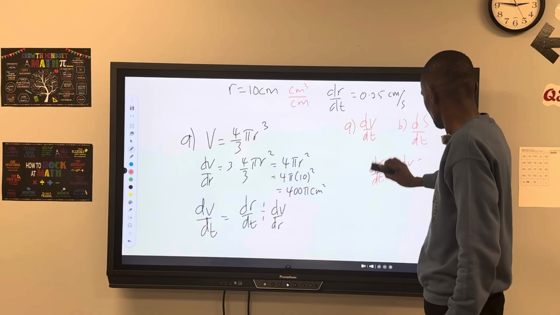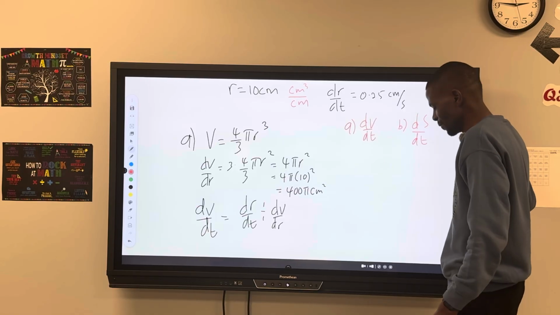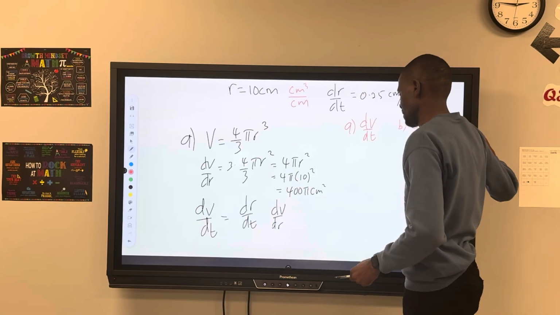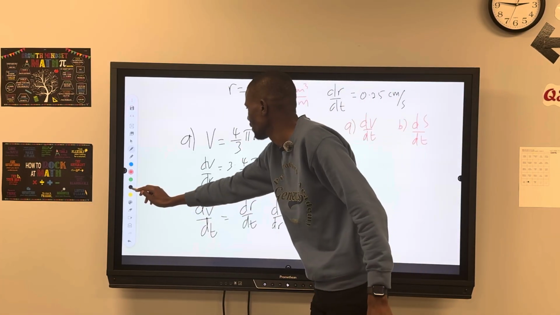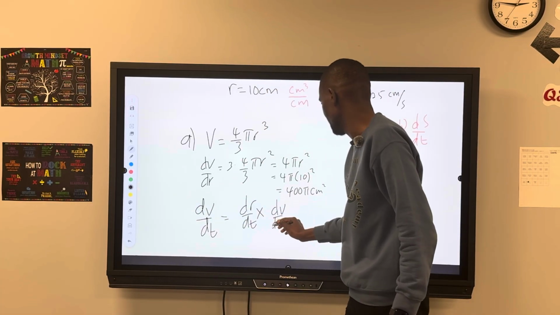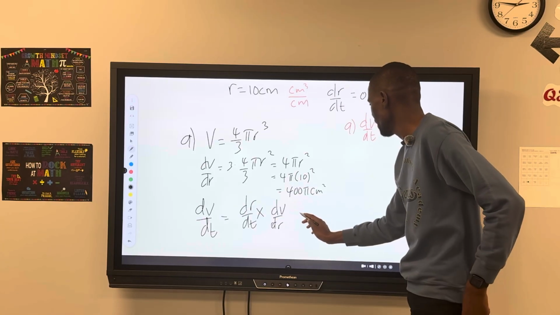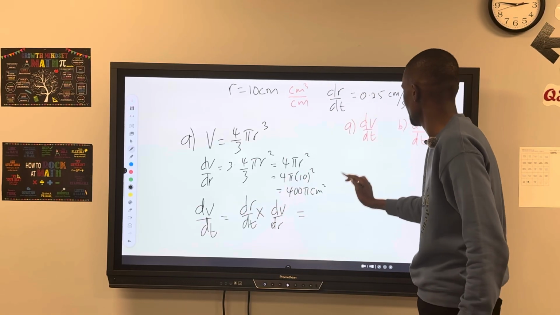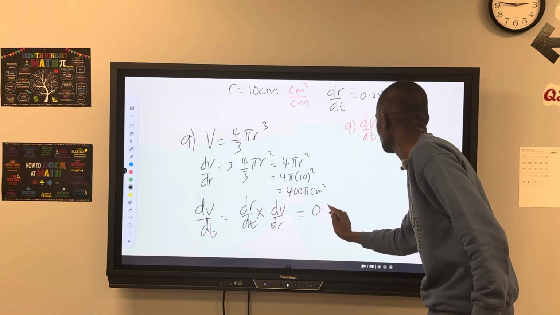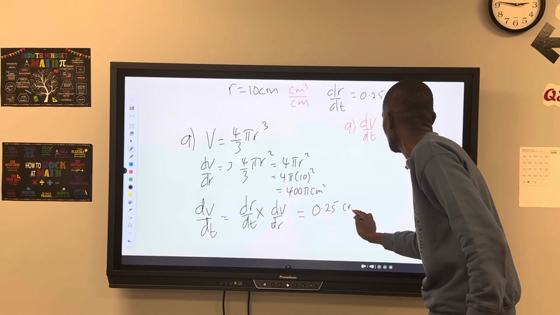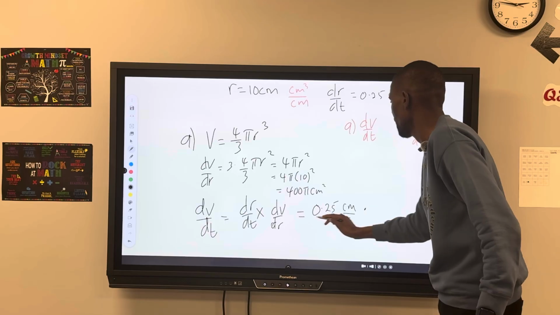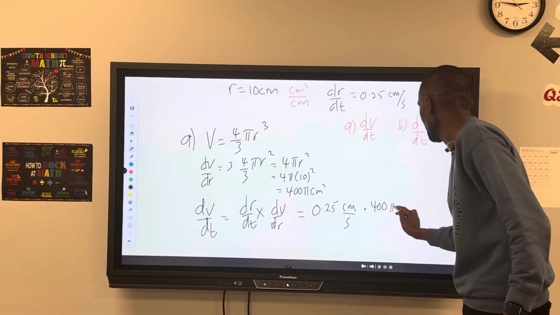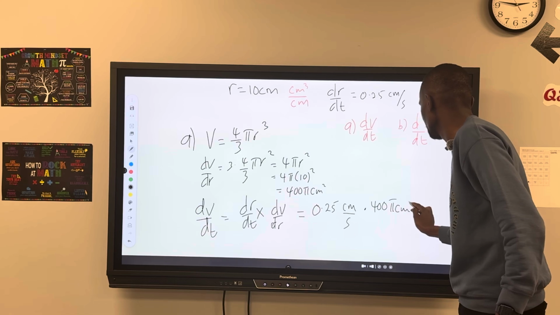All right, that's okay. So let's go ahead and multiply instead of dividing. Here it's multiplying, so both the dr's will cancel out. My dr/dt is given here as 0.25 centimeters per second, multiplied by dV/dr, which is 400 pi square centimeters.